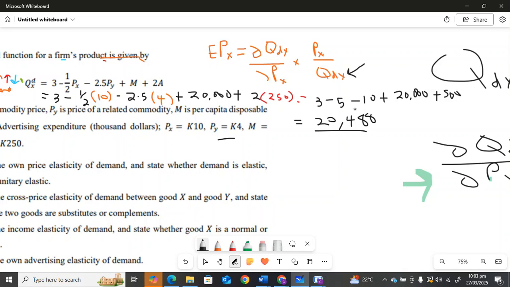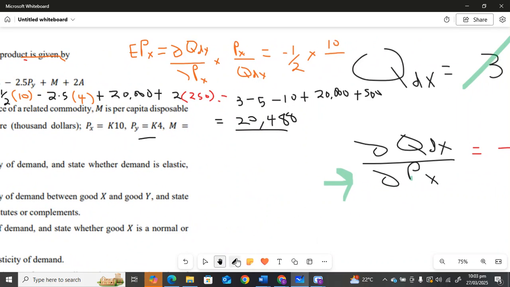All right. So in our equation here, for the own price elasticity of demand, the partial derivative of QDX over the partial derivative of px was negative half, multiplied by the price of good x, 10, divided by the quantity demanded, 20,488.